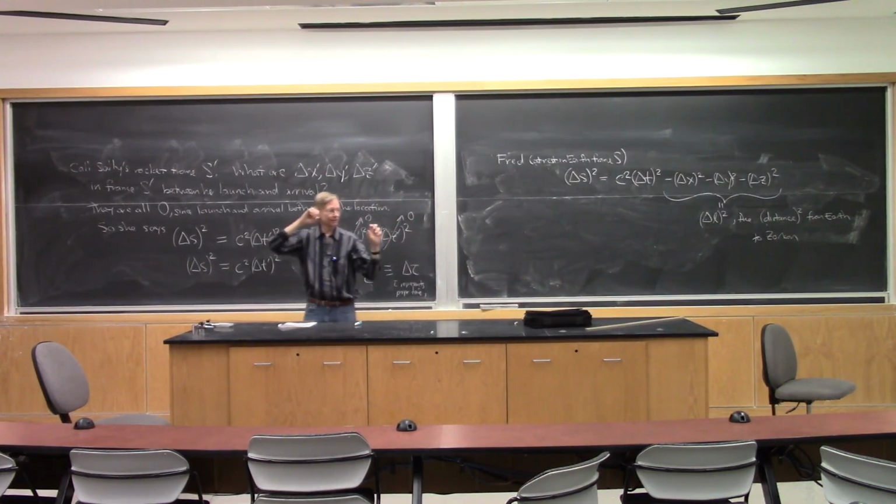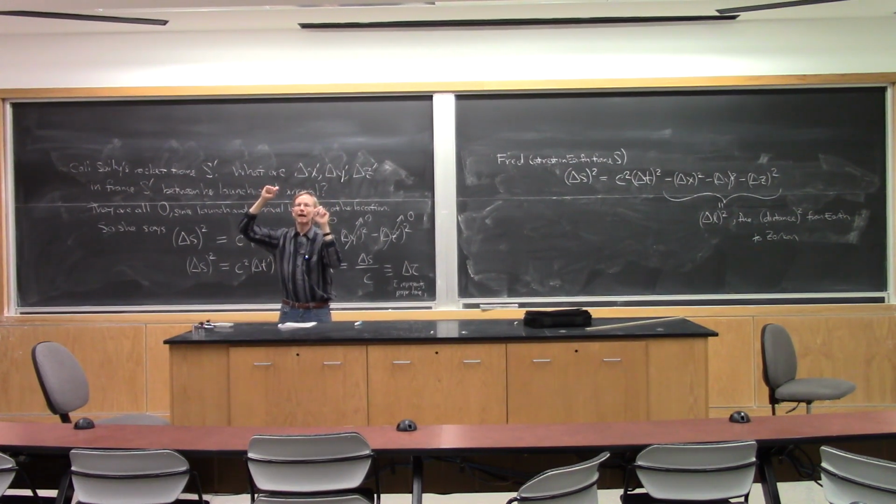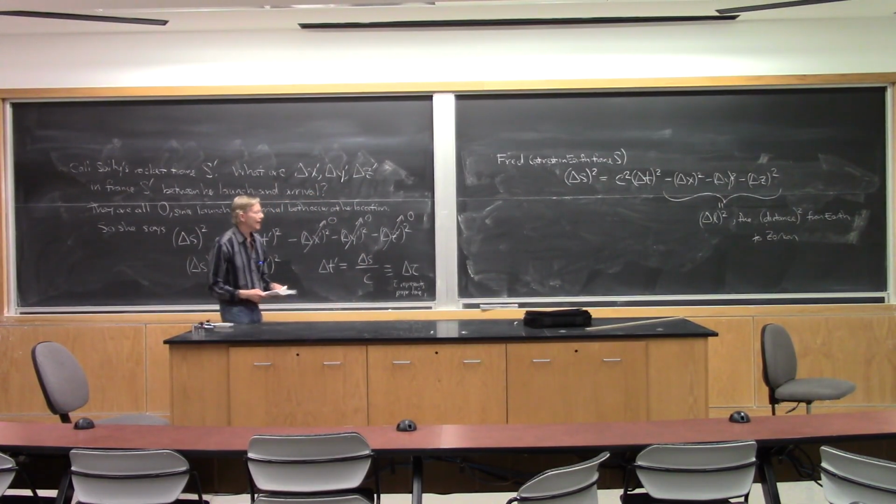And analogously, this happens in space-time too. Any pair of events, delta S squared, is the same no matter which frame of reference you use to calculate delta S squared. Did you have a question? I just answered it, yeah. No matter what frame of reference I use, everybody gets the same value for delta S squared.